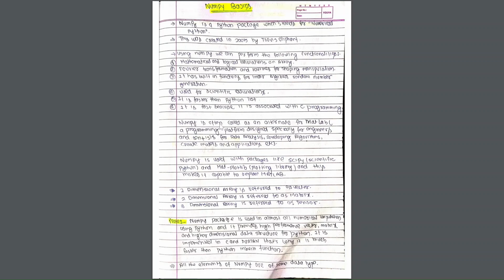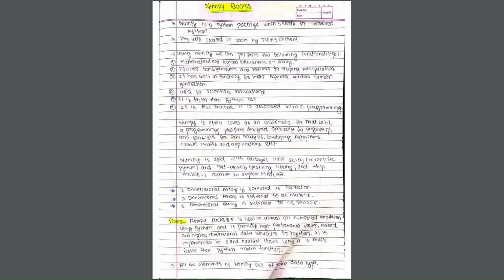Now, NumPy is often called an alternative to MATLAB, a programming platform designed especially for engineers and scientists for data analysis, developing algorithms, creating modules and applications, etc. NumPy is used with packages like SciPy, meaning scientific Python, and the matplotlib library, meaning plotting library, and this makes it capable of replacing MATLAB.